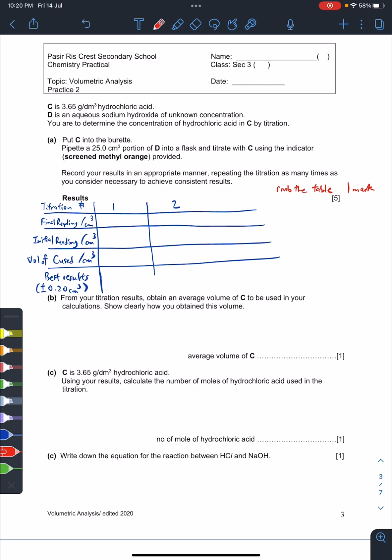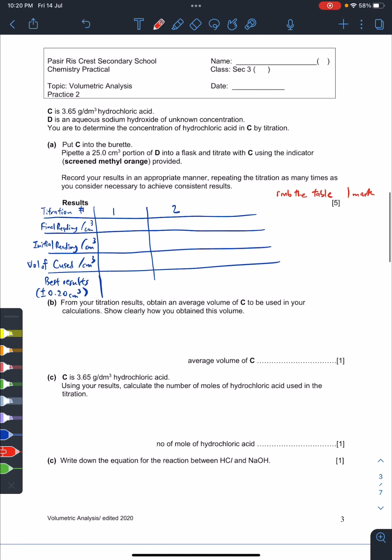Okay, what else? Next thing, if you recall, when you read the burette, the smallest reading is 0.1, right? Which means, what's the precision? If you remember, I said before, the precision of an object is half the smallest division. So half of 0.1 is 0.05.